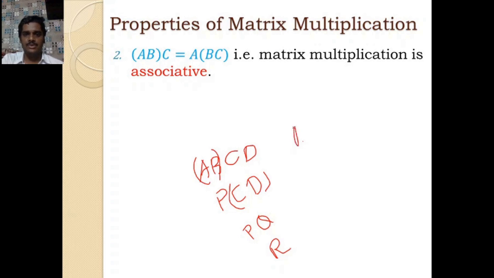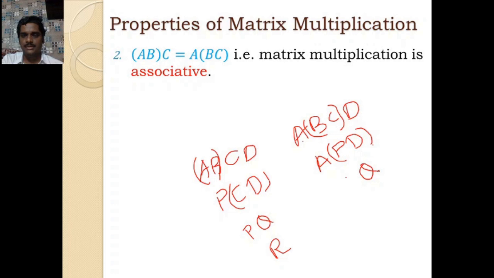I can even do this A into B into C into D as follows: suppose I multiply B into C first. B into C results in matrix P. And after that, I can do this P into D, which gives you Q, and you get AQ.